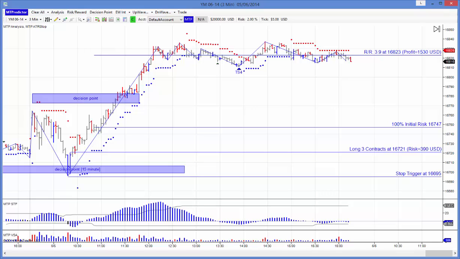So I wanted to highlight this as an example of an advanced trade setup that we do in the MTPredictor software, built around our VSA bars on our volume indicator, and also using our DP support and resistance zones. Combine that with position sizing and it allows you to get a very good trade. But more importantly, this VSA setup is very, very good because it allows you to get in with the professionals.